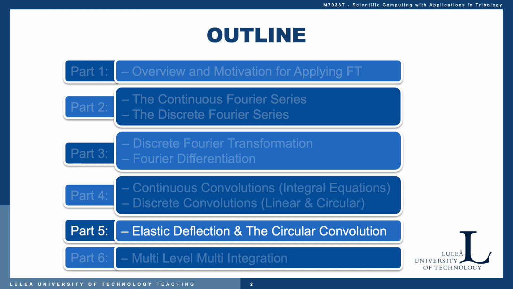We will compare this with the evaluation of the circular convolution, and by means of this see the similarities, make use of them to extend the representation of the elastic deflection so it can be represented by the circular convolution, and by that lending itself to the application of fast Fourier transformation technique to evaluate it in an accelerated manner.